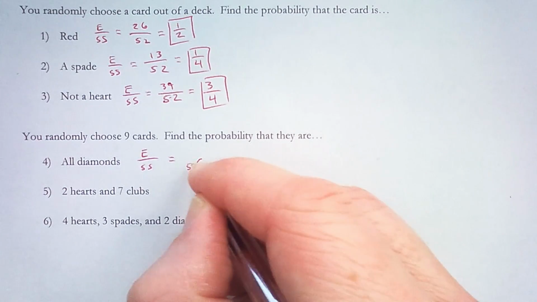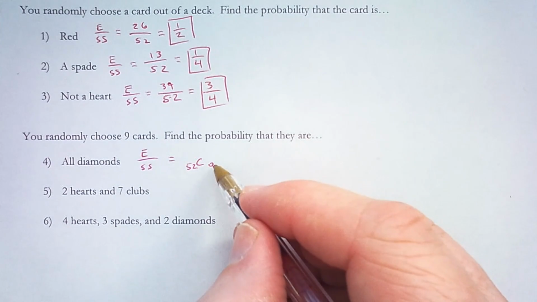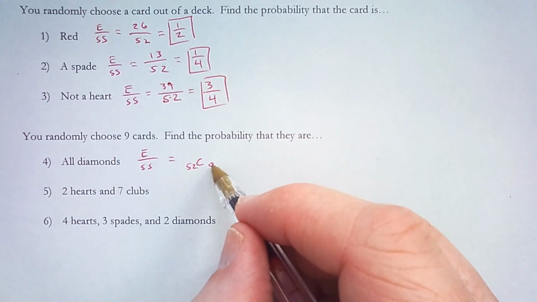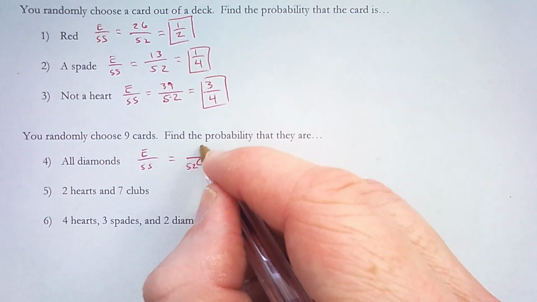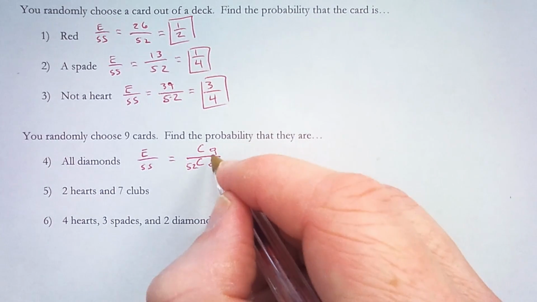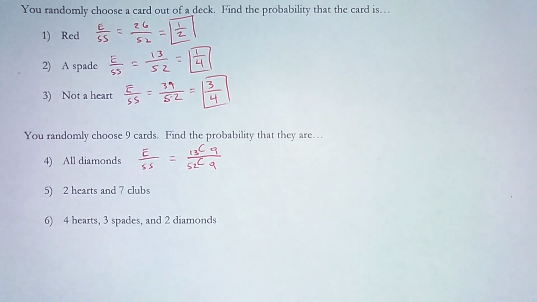So that would be 52C9. That is the sample space. We could choose 9 out of all 52 cards. But what we want to choose is 9 out of only 13 that are diamonds.